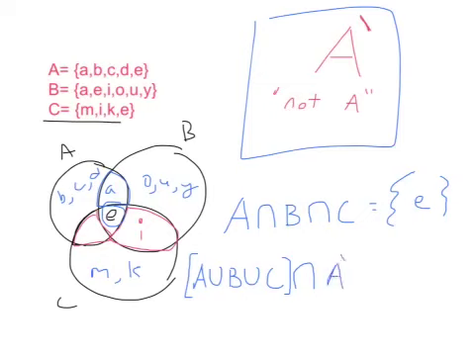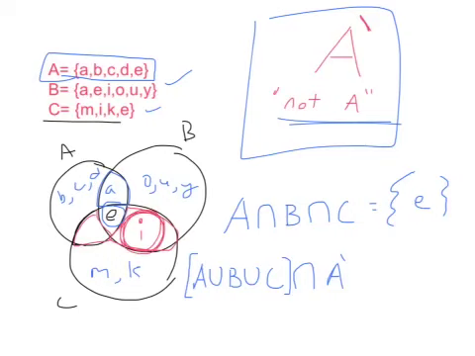So what that means is it says, let's take all of the letters, A, B, C, D, E, all the vowels, and whatever's left from my name, but don't include anything from A, because it has to be not A. Well, what that is, that space is just this, what do B and C share, through their union.